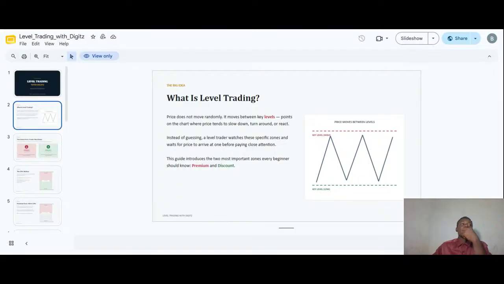You understand? Let's see the levels as bus stops. If you're moving on the road in Nigeria, you have different bus stops. These bus stops are where road users, which is the price, make movements and decisions.